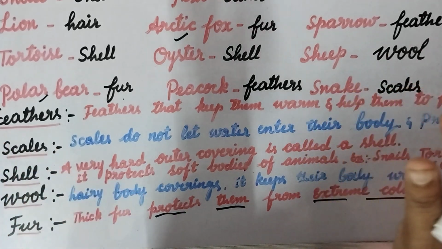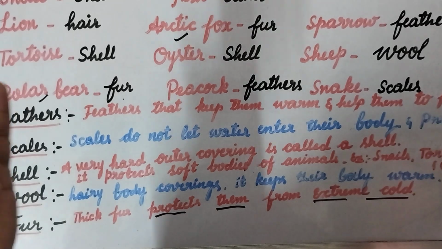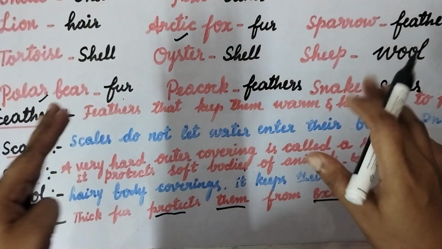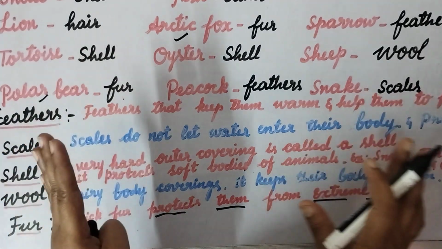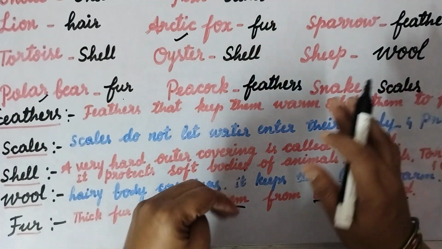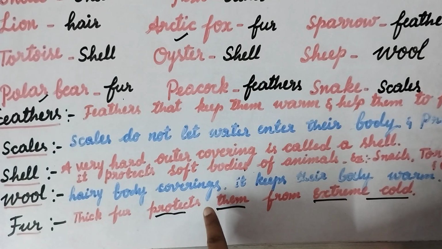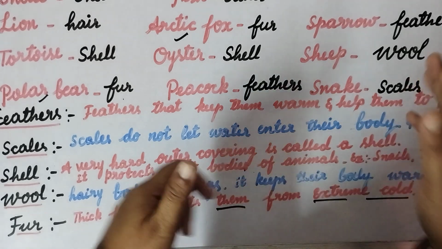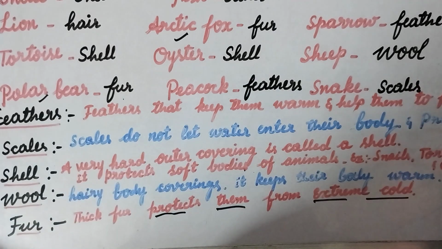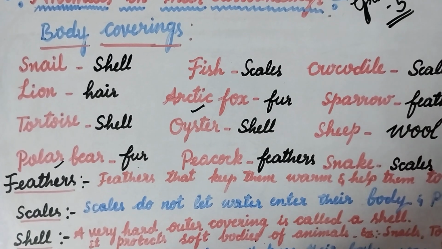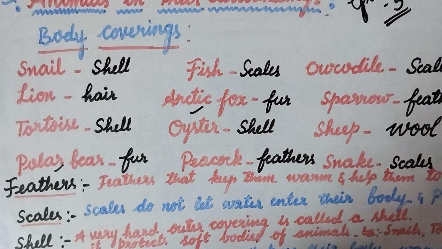So those animals adapt to that particular habitat, and they have this type of body covering for their protection. Fur helps animals like polar bears protect themselves from extreme cold. So this is about the body coverings of animals.